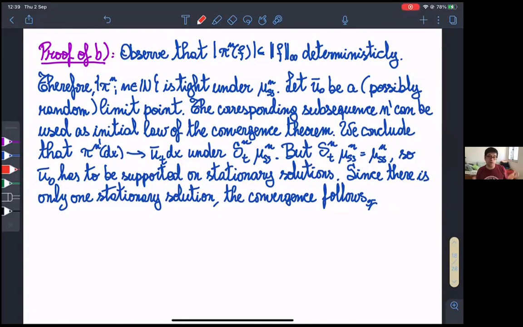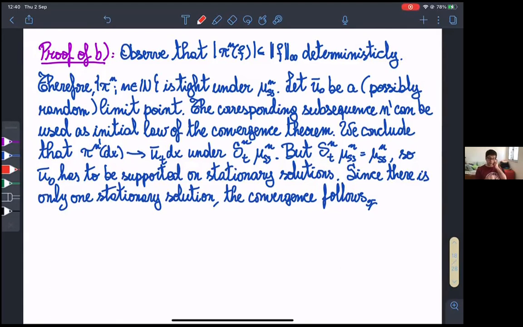Well, this obviously is a contradiction because you have, for the same object, two different limits, unless these two different limits are the same. So what we conclude from this simple argument is that this u_0 bar, which was a limit point of the empirical measure under the stationary state, has to be concentrated on the stationary solutions of the parabolic equation.